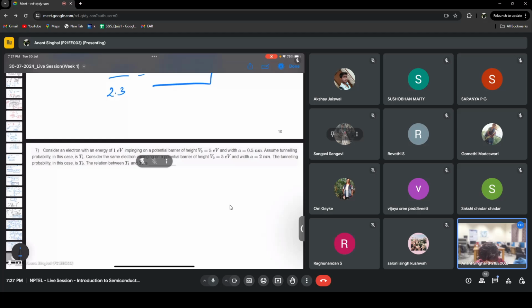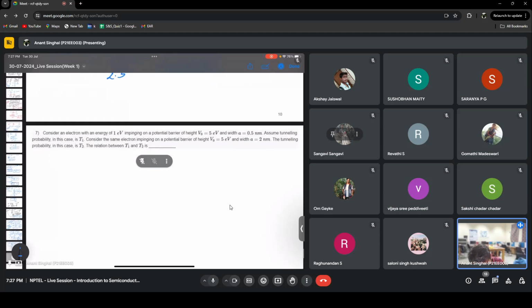So we have this question now. It says that we have an electron with an energy of 1 electron volt impinging on a potential barrier. The potential barrier V naught is 5 electron volts. In the first case, the width is 0.5 nanometer, and assume tunneling. There is a concept of tunneling probability that you might have read in the classes, that the tunneling probability depends upon the width.